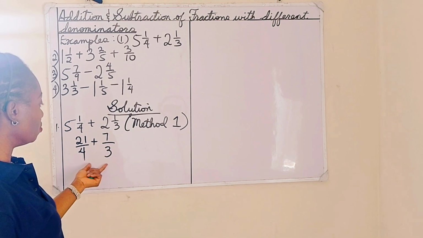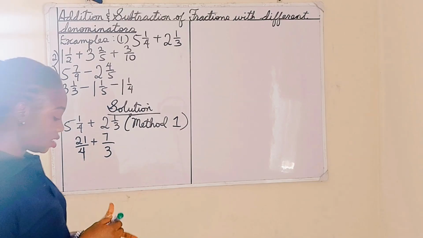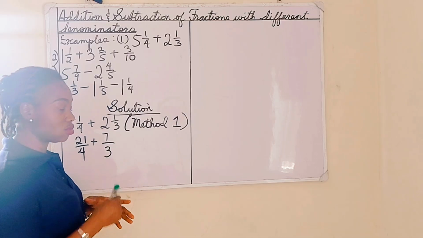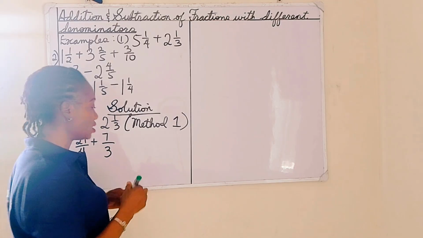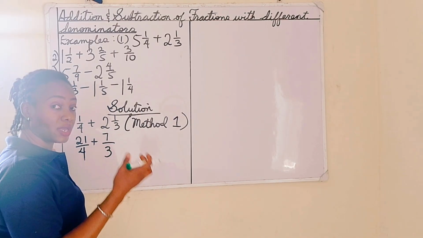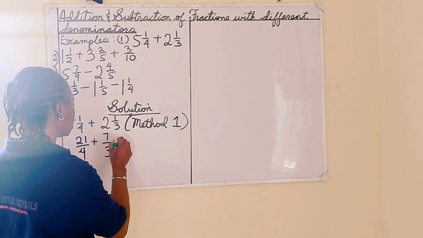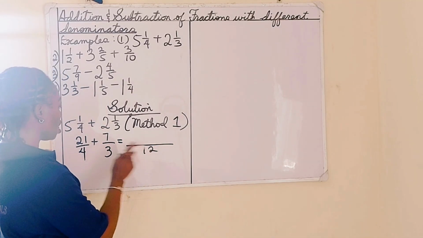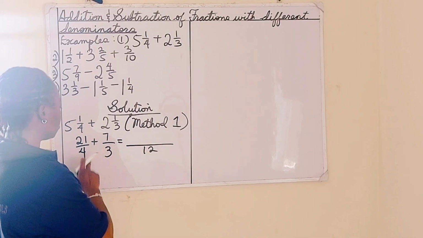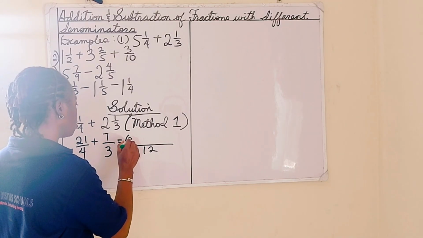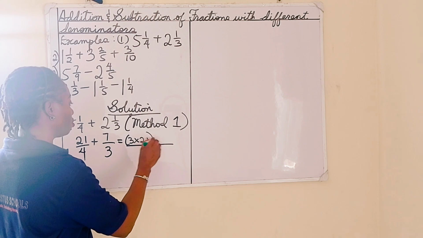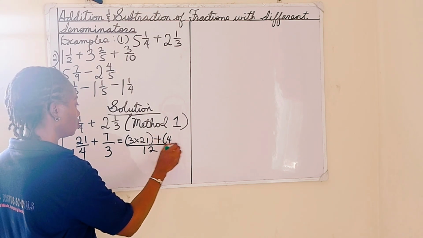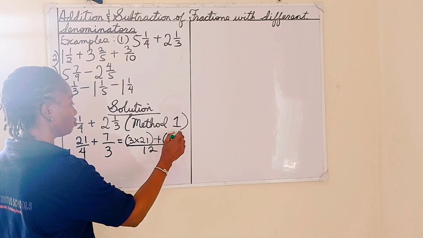Now, looking at these denominators, they are different, right? 4 cannot go into 3 and 3 cannot go into 4 evenly. So we have to multiply the denominators to get our LCM, which is the lowest common multiple. So this becomes 4 times 3 is 12. 12 divided by 4 is 3. 3 times 21, plus 12 divided by 3 is 4. 4 times 7.